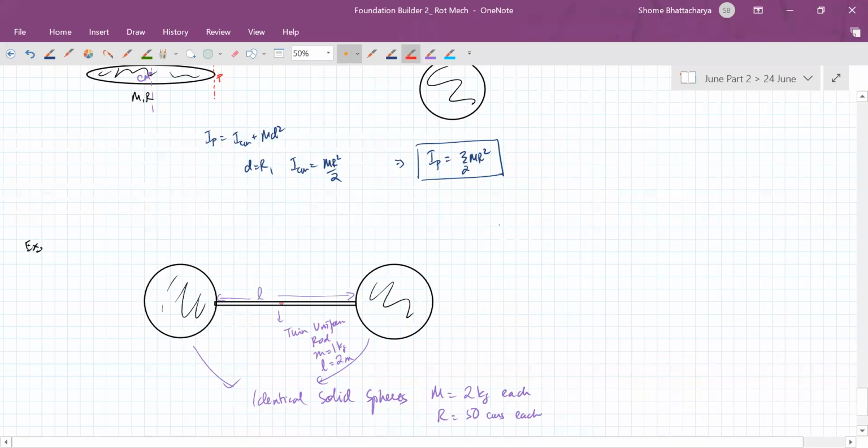Now we have to find this whole system's moment of inertia about this axis passing through the center of the rod and perpendicular to it. This is a dumbbell-shaped body. It consists of these two solid spheres joined by a thin uniform rod. So we have to find the moment of inertia about this axis.